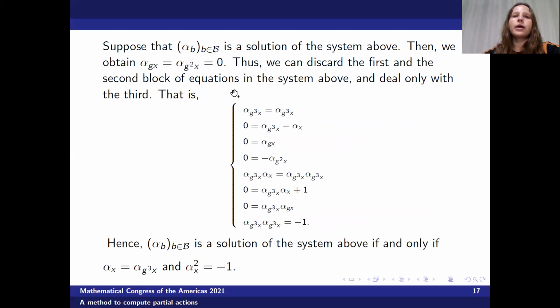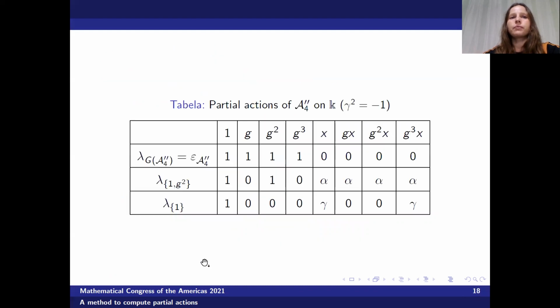Doing some calculations, alpha B is a solution of this system if and only if we have these 2 equations in this case. Then all the partial actions are given in this table, right?